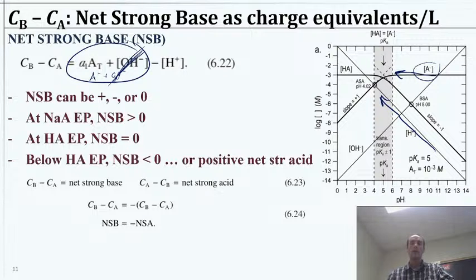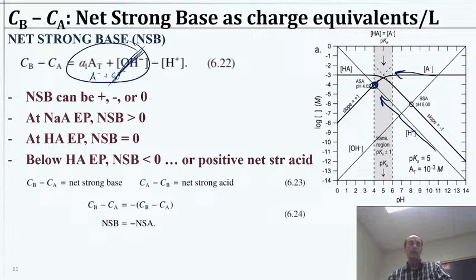We've got a very big difference here. So we're going to follow A minus then, and then, oh, we just landed right here, they crossed. Hey, that's our equivalence point. So our equivalence point is, by definition, our starting point for this net strong base stuff. Okay, so we kind of just went full circle. We started talking about this nebulous HA equivalence point thing. Then we talked about this net strong base, and now we see on the graph, we're coming right back to it.